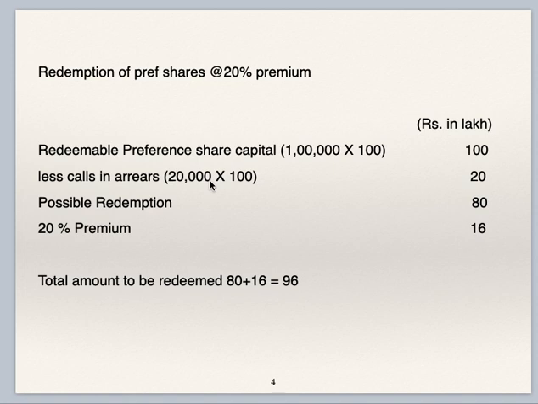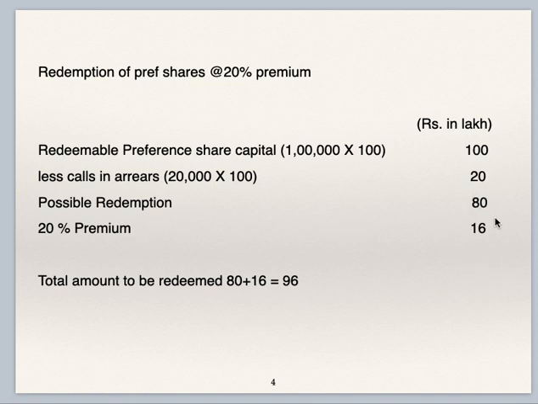These 20,000 shares cannot be redeemed because one of the conditions for redemption of preference shares is shares are to be fully paid. So 20,000 into 100, 20 lakhs, it is not possible to redeem. So possible redemption is only 100 minus 20, 80 lakhs.